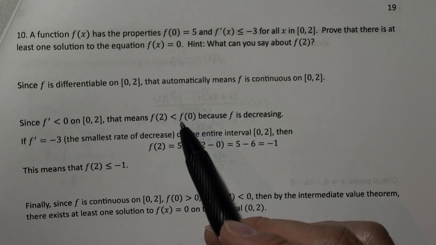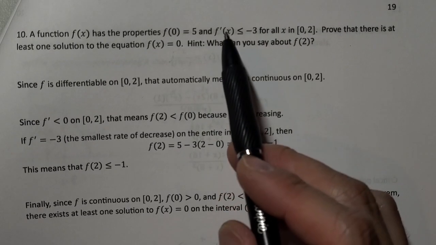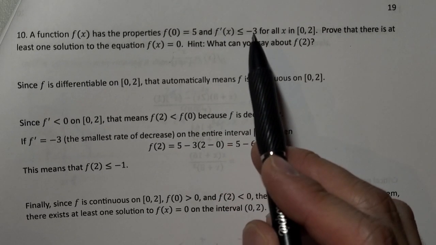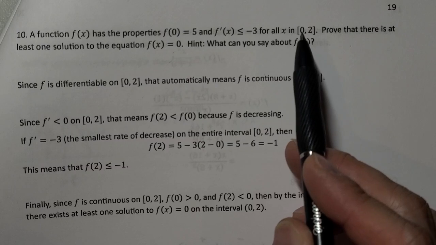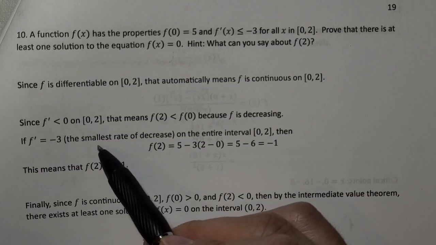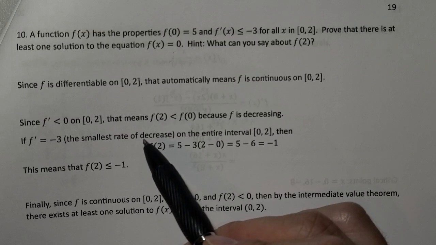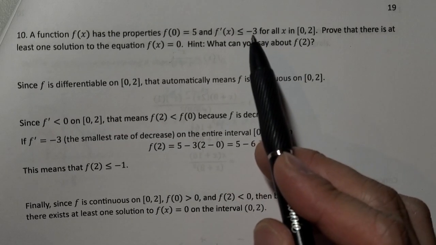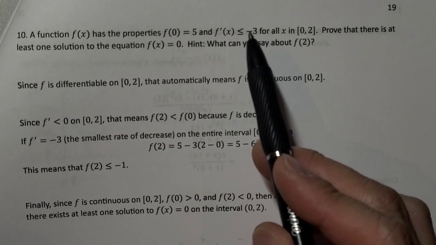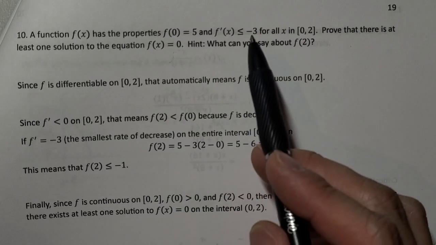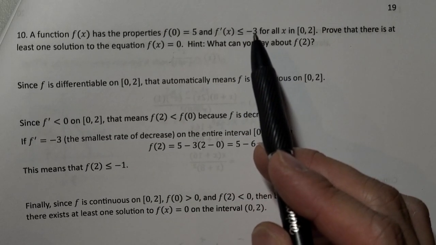Now, let's assume that f prime is exactly minus 3 on the whole interval. This is the smallest rate of decrease. It could decrease even more, but I'm taking the worst case, when it's the least.